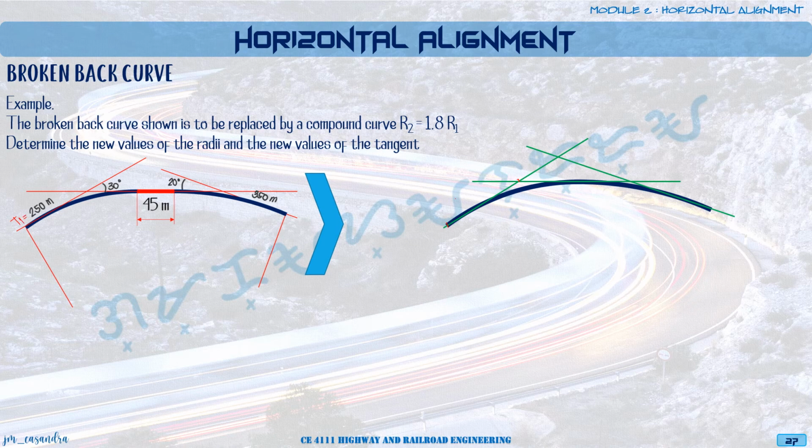So let's call this T sub A. Then 350 here is T2. So let's call this line instead as T sub B.